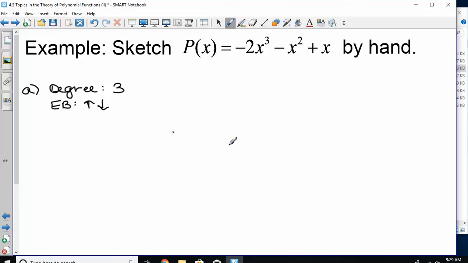For our zeros, we're going to have to find them ourselves. What do all 3 of these terms have in common? X. I'm going to pull out an x. I'm actually going to take out negative x. If I do that, it leaves me with a 2x squared plus an x minus 1. How would you factor this? Box method.